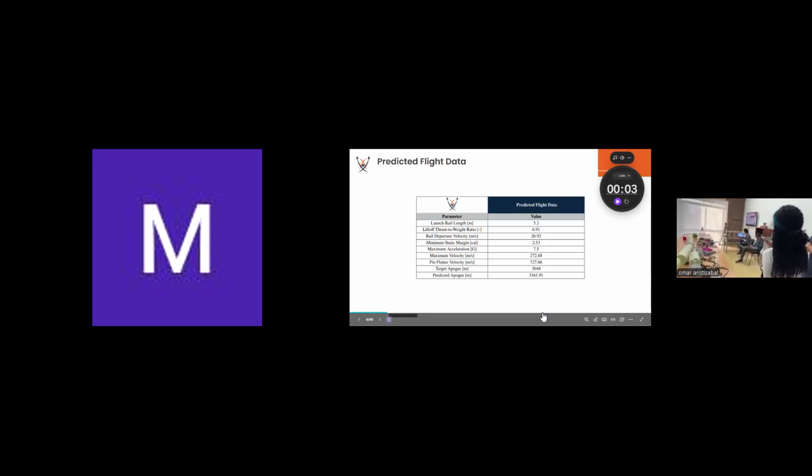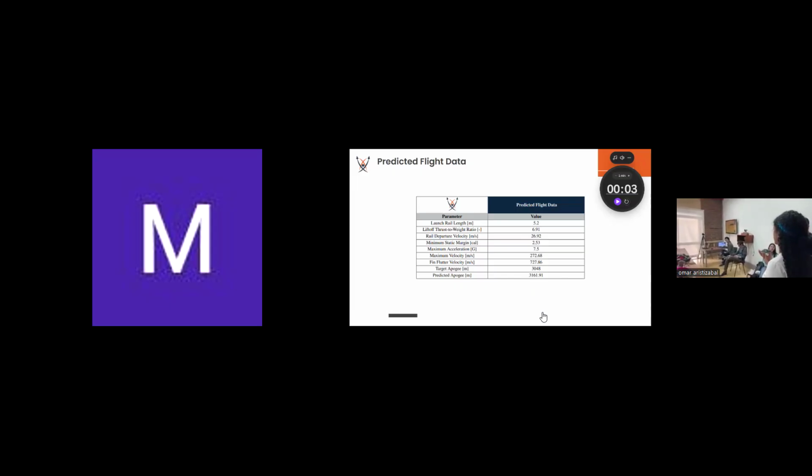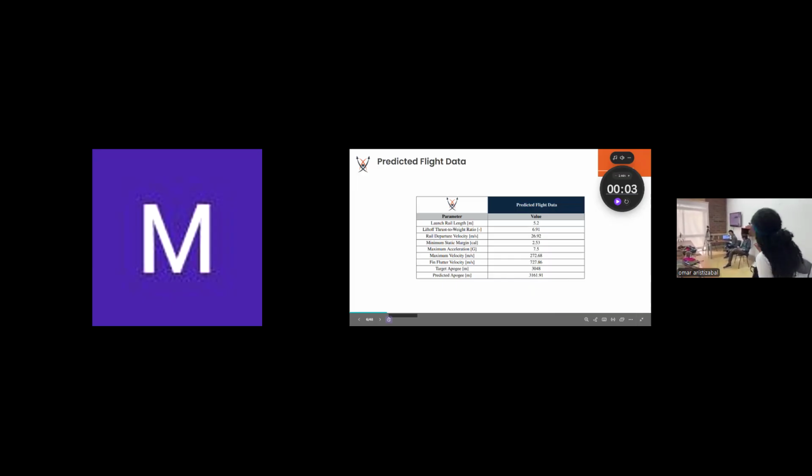Gotcha. Rail departure speed is when the first rail button comes out of the rail. Yeah, we really kept that in mind when doing the simulations. So all of these numbers that you've given me have been with your effective rail length then? Yes. Okay.